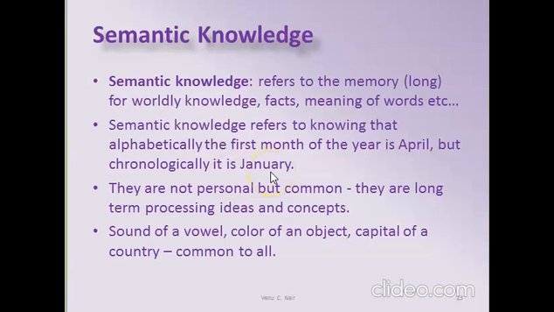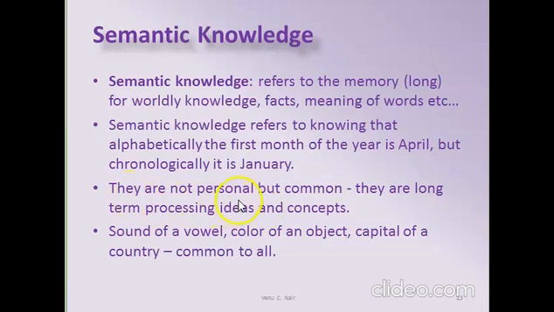January comes first when we take chronological order; if we take the alphabetical order, April comes in front. This will be the same for each and every person in the world. So this can be treated as semantic knowledge because it is stated and static.